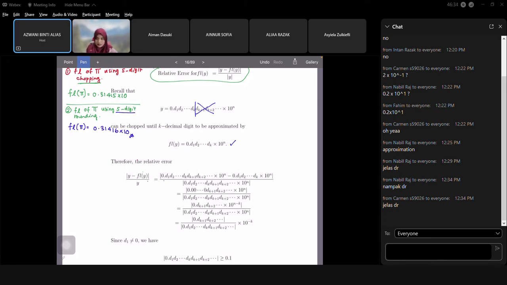Okay, jelas kat sini. Okay, therefore the relative error adalah Y minus the floating number of Y divide by Y. So dia rewrite balik semua ni. This is Y minus the floating, which is up to dk only, divide by Y. Okay, so what's next? Apa yang dia buat ni?